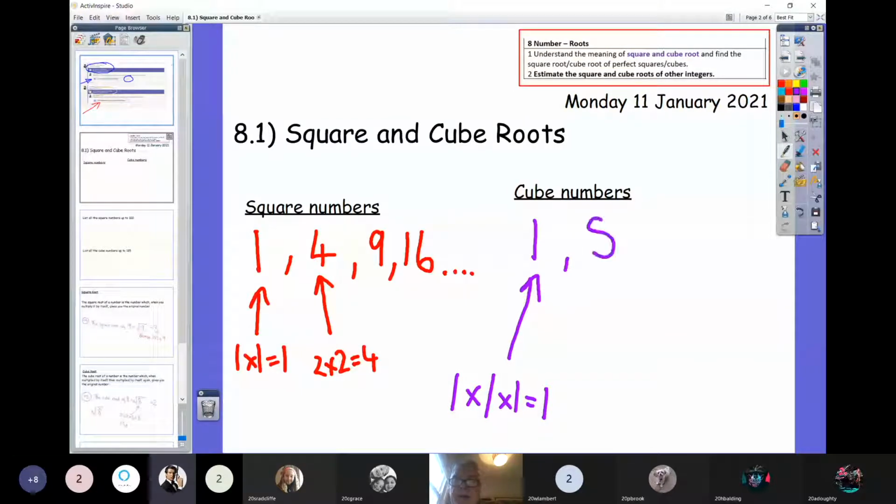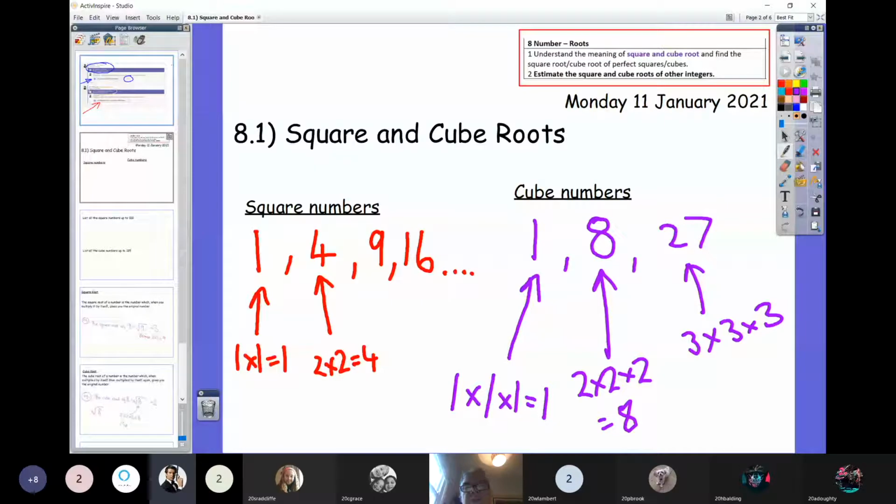Well, it's going to be 8, because 2 times 2 times 2 equals 8. And then the next cube number you will get when you do 3 times 3 times 3, which is 27, and so on. So there's a quick reminder of what square numbers and cube numbers are.